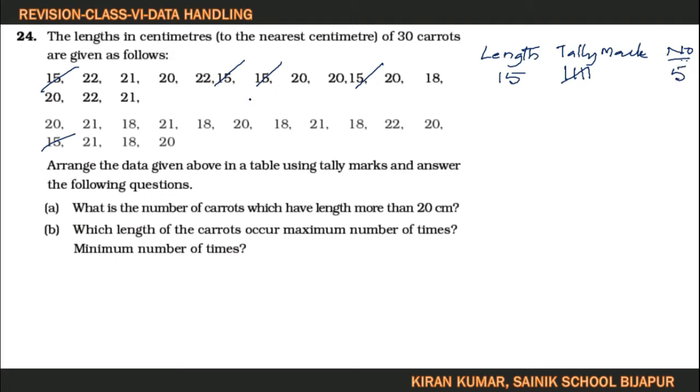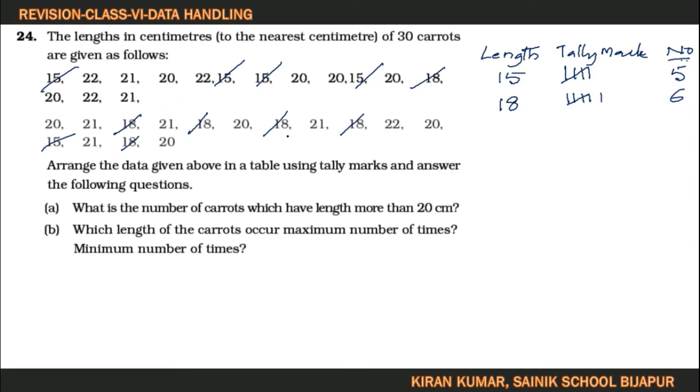If the length is next in ascending order, we have got 18. I'll mention it here. 18. 1, 2, 3, 4, 5, 6.